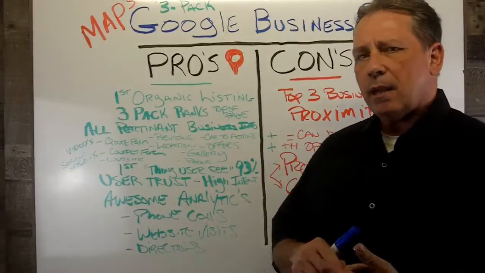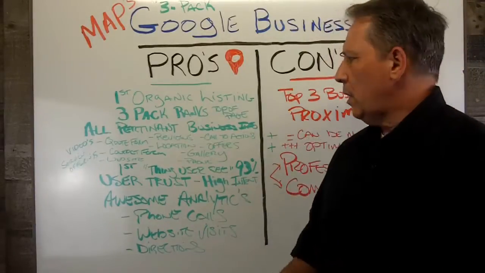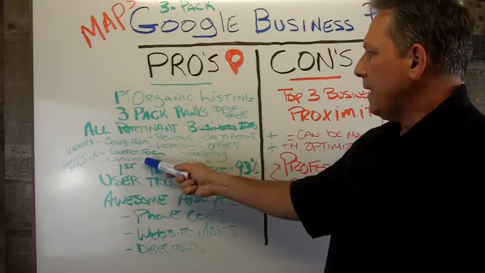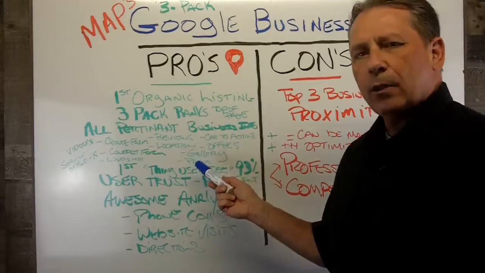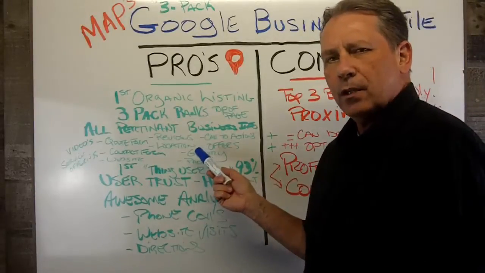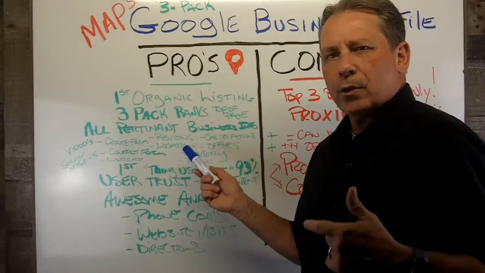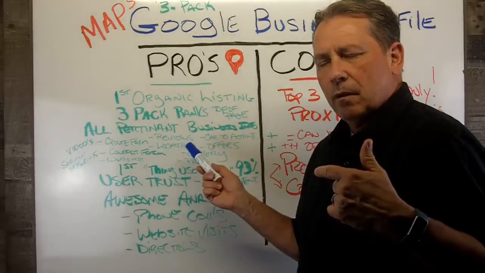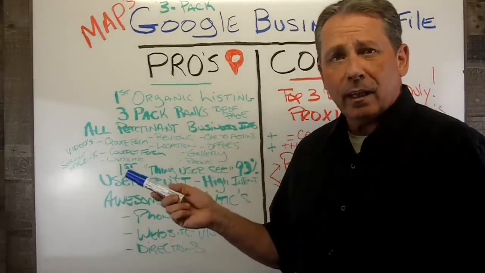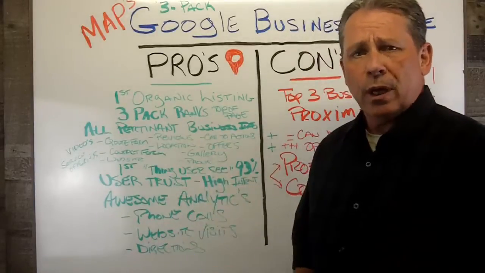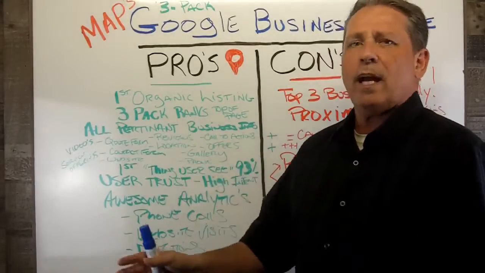You can list information on that page. There is a contact form there. You can put a gallery of the type of work that you do, so maybe some before and afters, or anything really, of whatever service you do. If you paint houses, you can put beautiful houses on there.